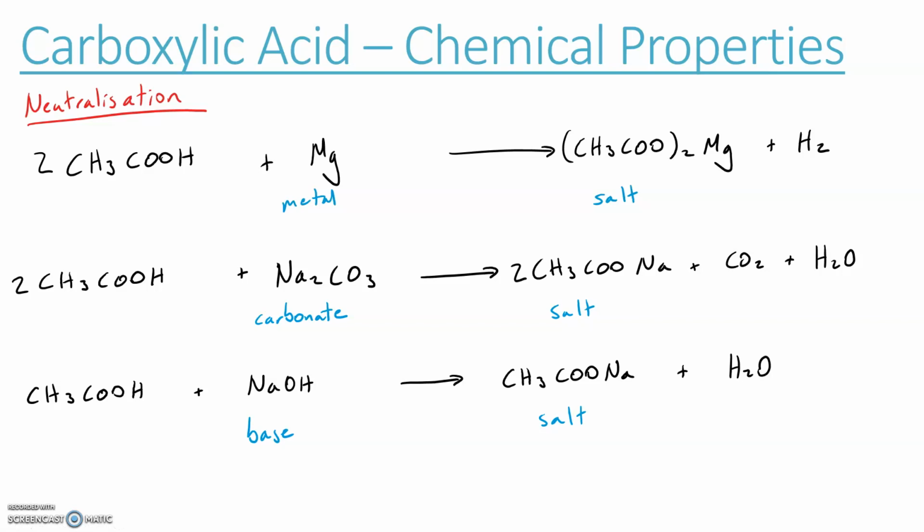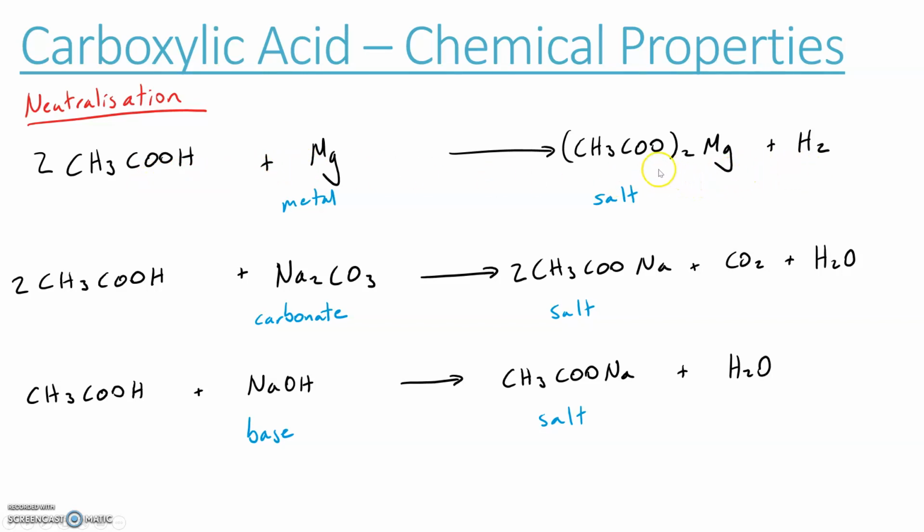Okay, neutralization. So carboxylic acids are acids. They react just in the same way that all acids react with things like metals, carbonates, bases, and so on. So firstly, if we react a carboxylic acid, in this case ethanoic acid, with a metal like magnesium, we get a salt and hydrogen gas.